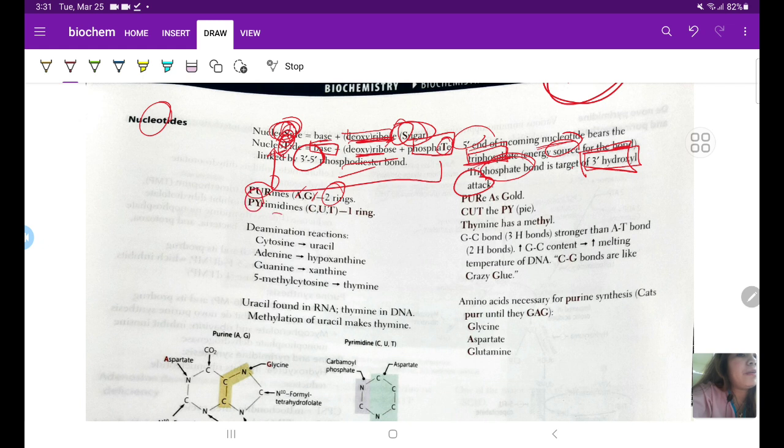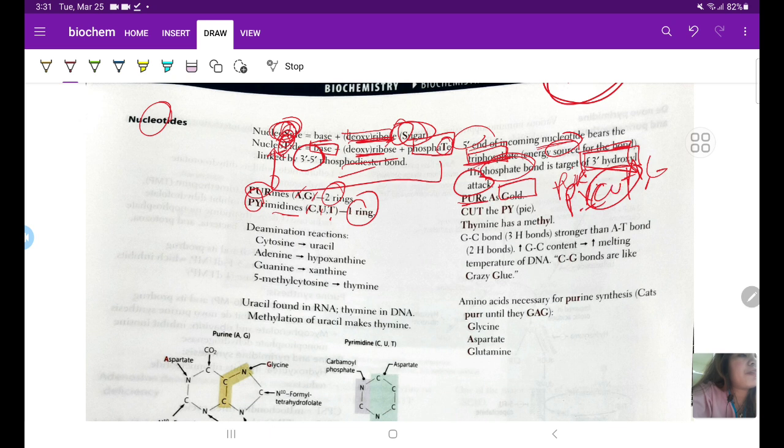In the purines, it has A and G, two rings. In the pyrimidines, C, U, T, one ring. There's a mnemonic here: pure as gold. Because purine includes A and G. And for the pyrimidines, CUT.